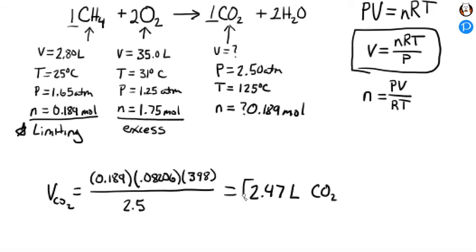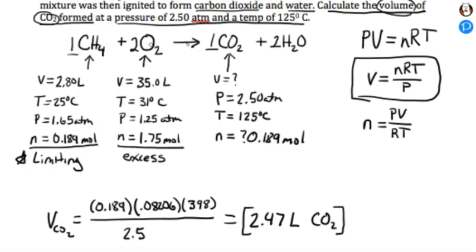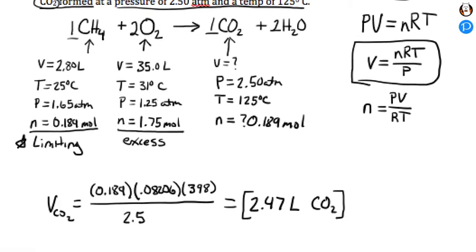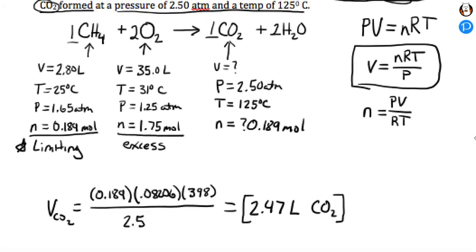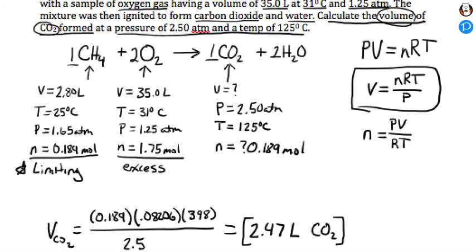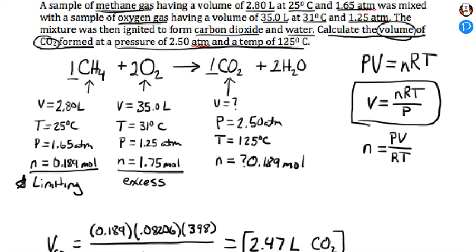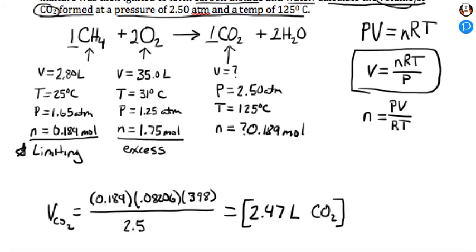So again, that is the volume of CO2 gas that will be produced from this reaction of methane and oxygen gas. I know that's a longer problem, with a lot of steps involved, but if you just break it down piece by piece, one thing at a time, step by step, you should be able to do it.